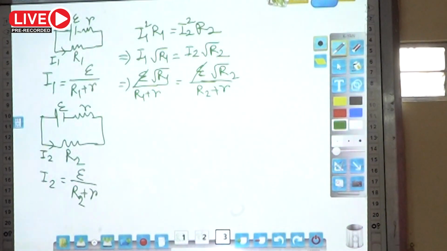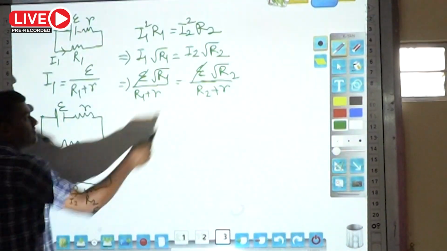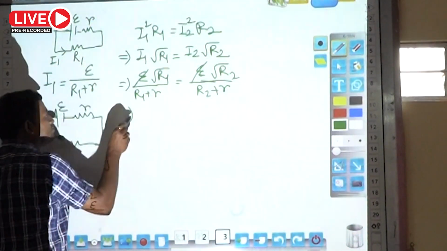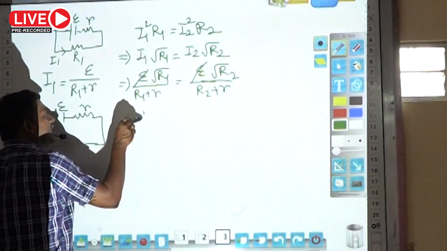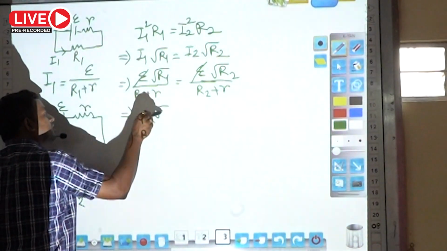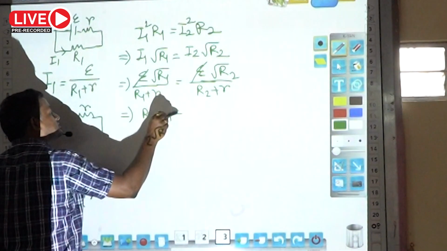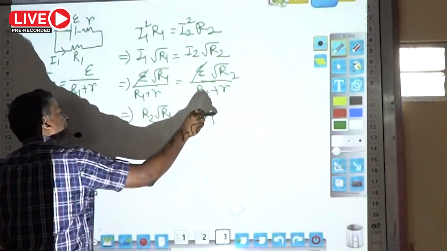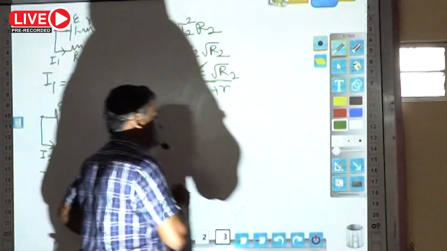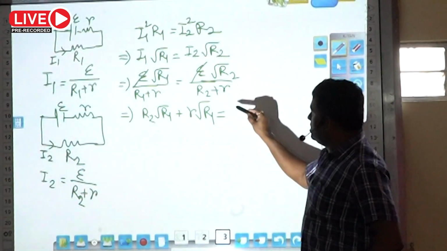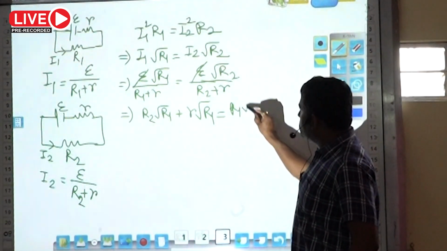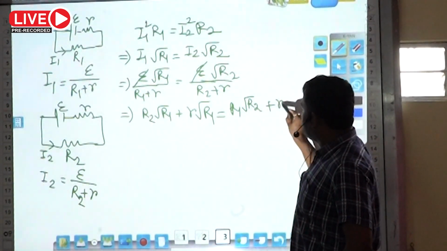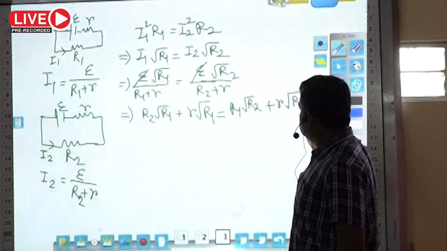Now simplify and find the expression for r. Just cross multiply. If I cross multiply this one, the first term will be R2 root R1 plus r root R1 equal to R1 root R2 plus r root R2.